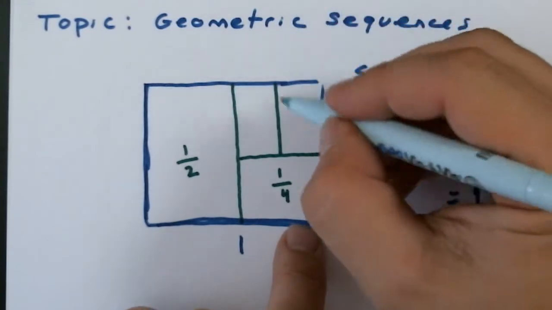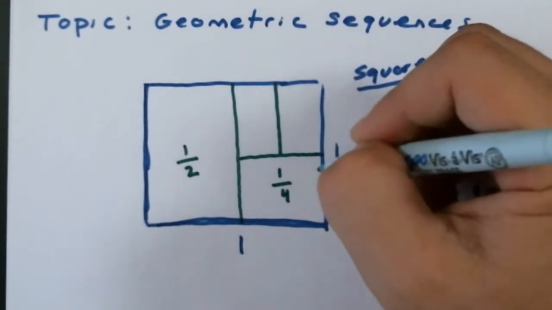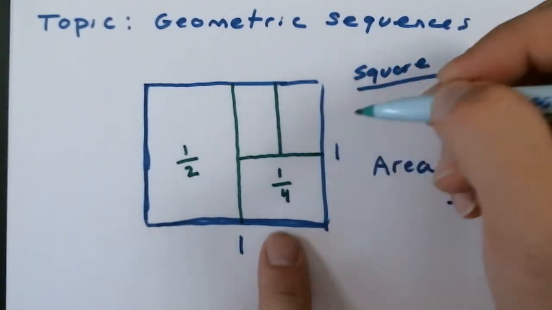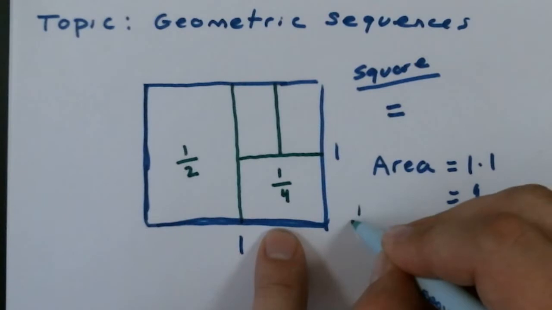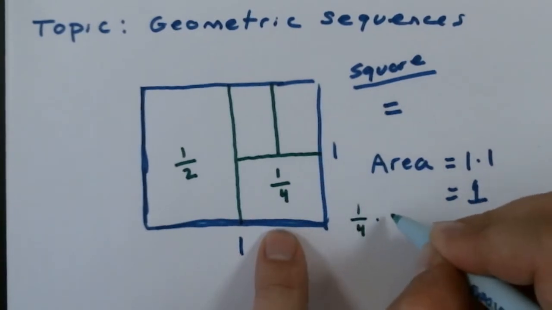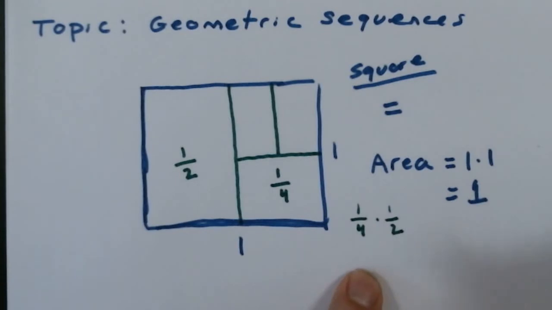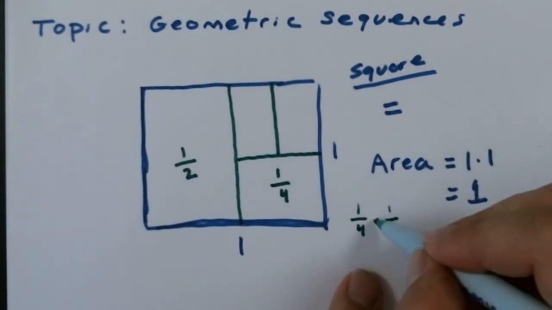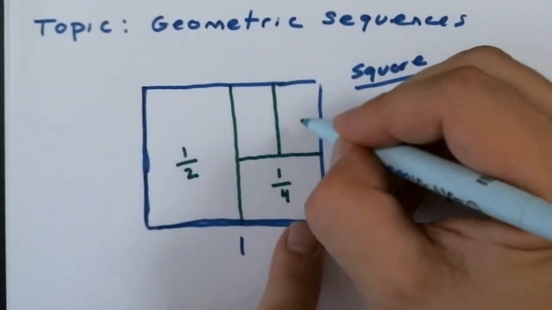You're going to get what? 1/16 or 1/8? Well, how do you do that? Remember, you cut this in half. So if you go 1/4 times 1/2, because you're cutting it in half, or dividing in half, I should say, you should have, what, 1/8?